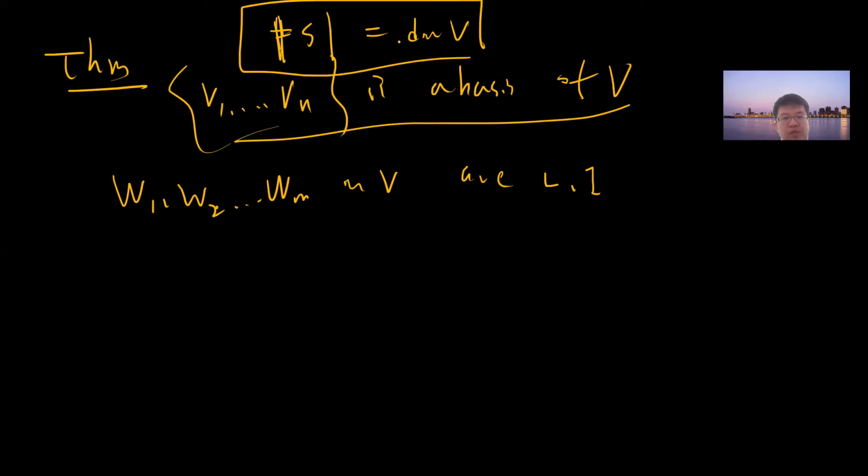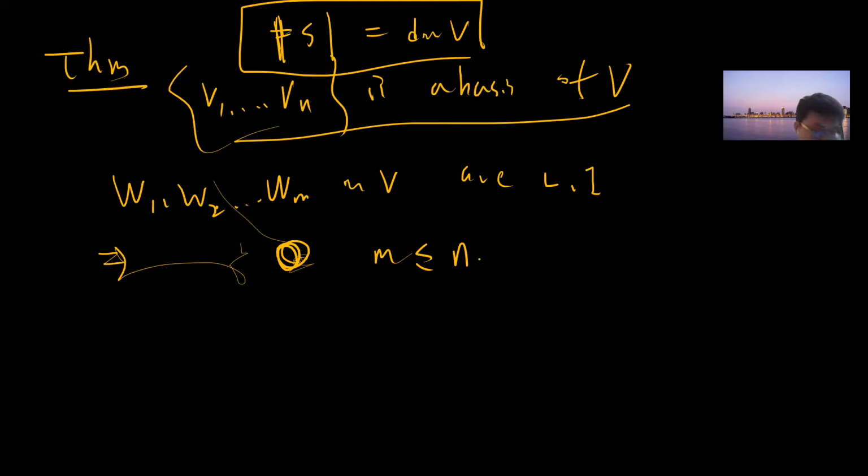Maybe V can have two bases where the numbers of elements are not the same, but actually it cannot happen. That's a pure theorem. So if V1 up to Vn is a basis of V, and W1 up to Wm in V are linearly independent, then from your intuition you can easily prove that m is less than or equal to n.